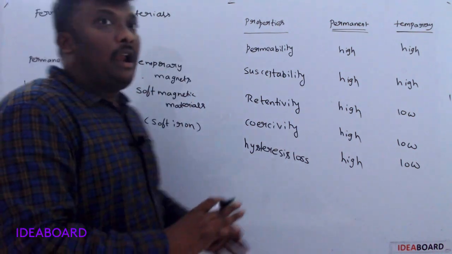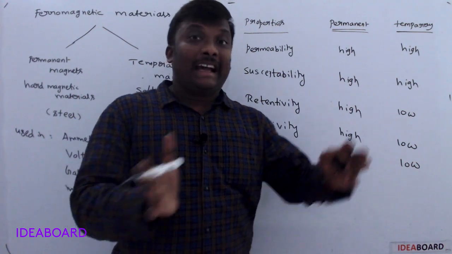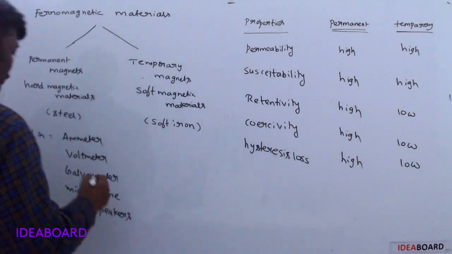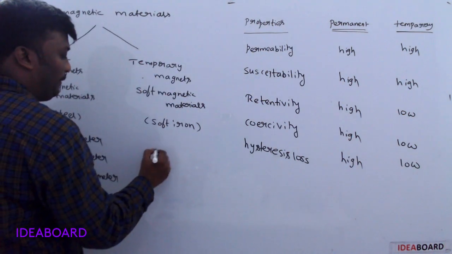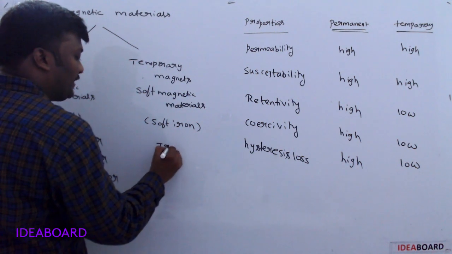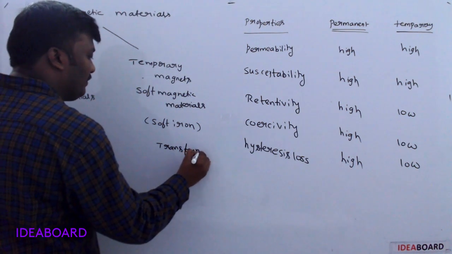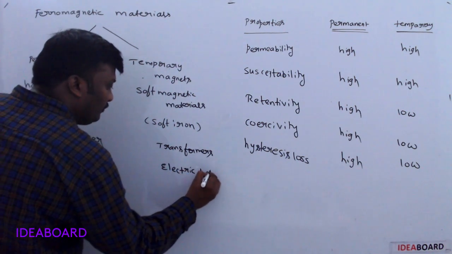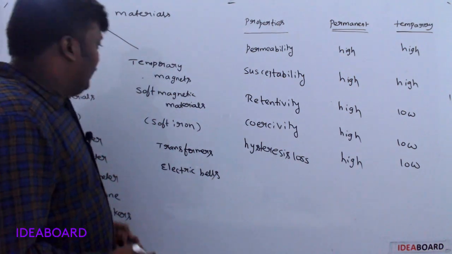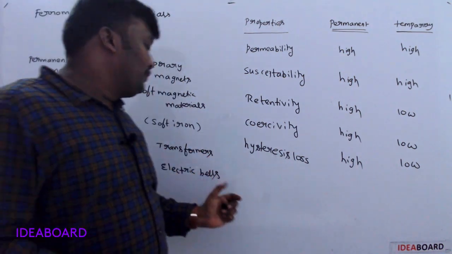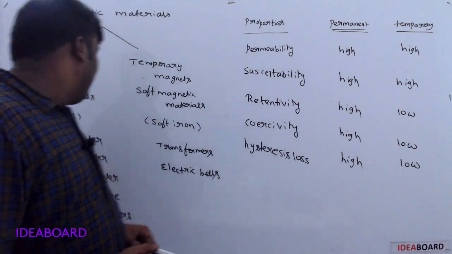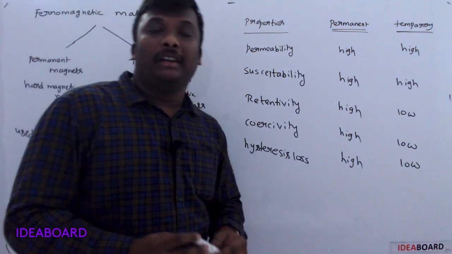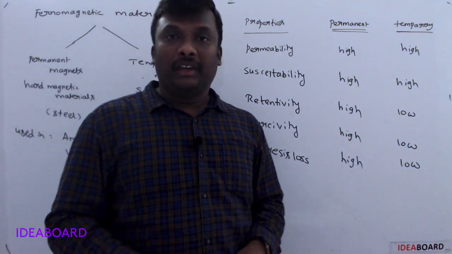Temporary magnets are used, for example, in large cranes to carry containers in ships. The major use of temporary magnets is in the preparation of transformers and electric bells. So temporary magnets are used in transformers and electrical bells, and permanent magnets are generally used in loudspeakers, microphones, ammeters, voltmeters, etc.